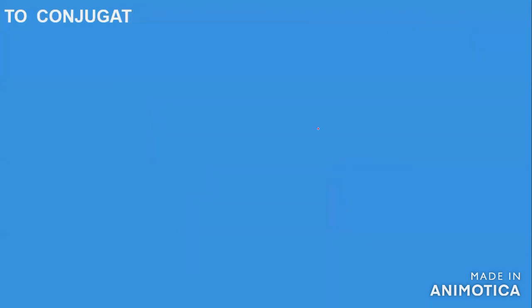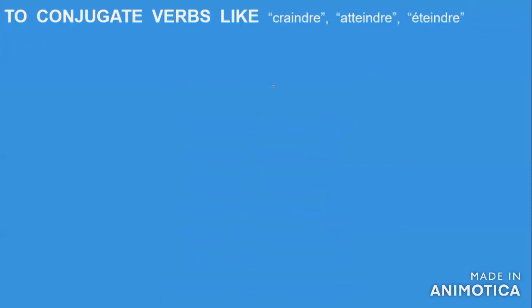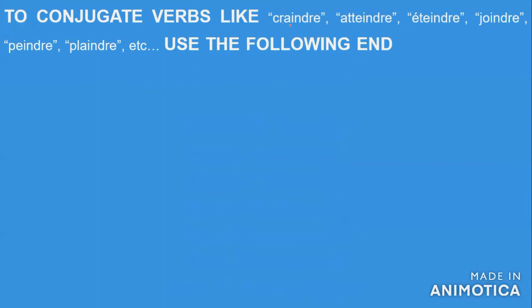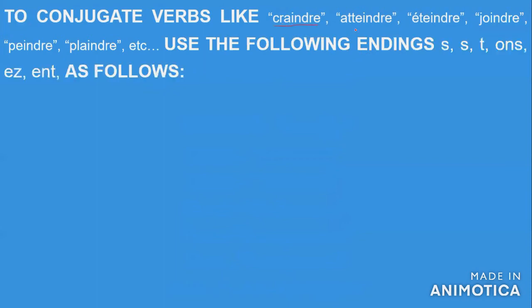So we have another category of RE verbs. And these verbs, as you can see, craindre, which is to fear, to be scared of something. Atteindre, which is to reach a certain level, okay? Éteindre, to extinguish.